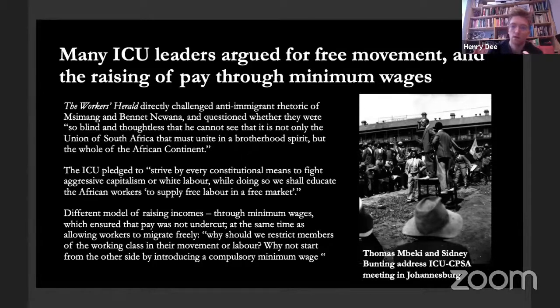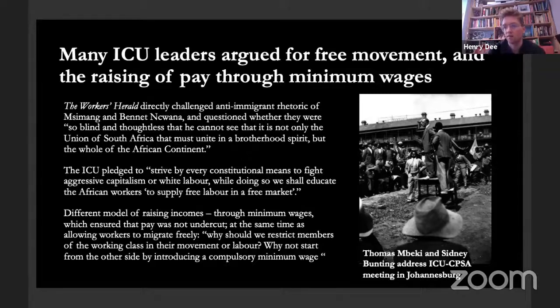So they do that. They call for maintained or increased wages through minimum wages. So they say, why should we restrict members of the working class in their movement or labor? Why not start from the other side by introducing a compulsory minimum wage?